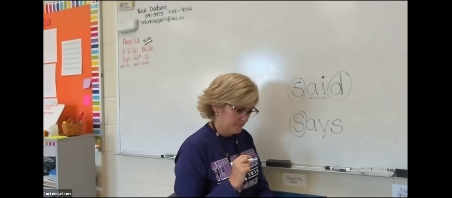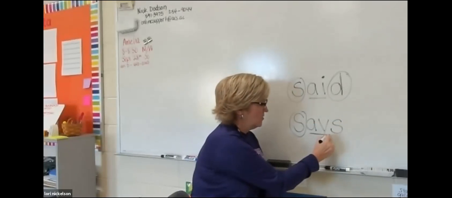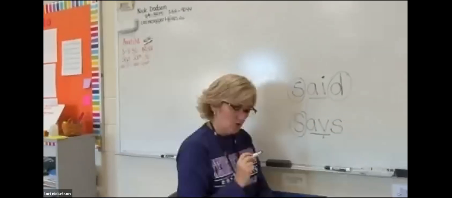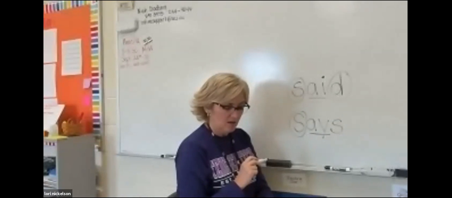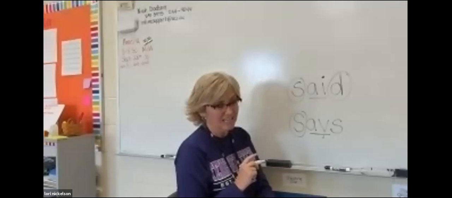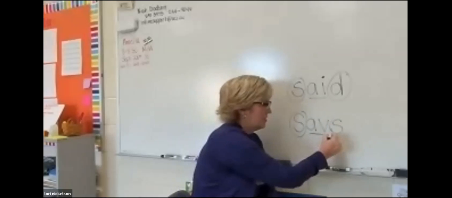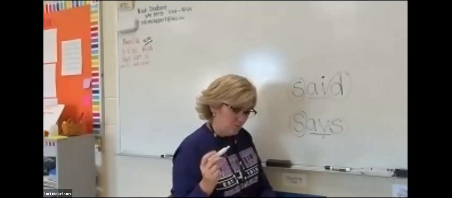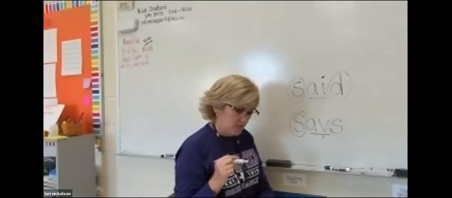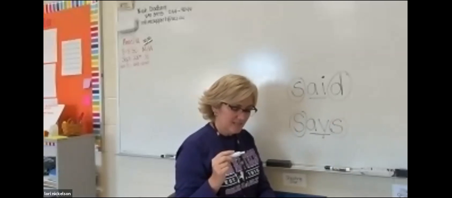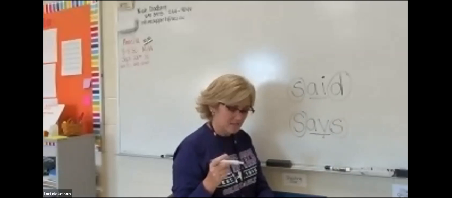S. And I'm going to underline the letters A and Y, because these are the tricky part of the word, and you might expect these letters to be pronounced separately as A and Y, but they work together to sound for E. So I'm going to circle the final S there and remind you that sometimes this letter S is pronounced Z. The last S in says is pronounced Z, as in his and has and is.